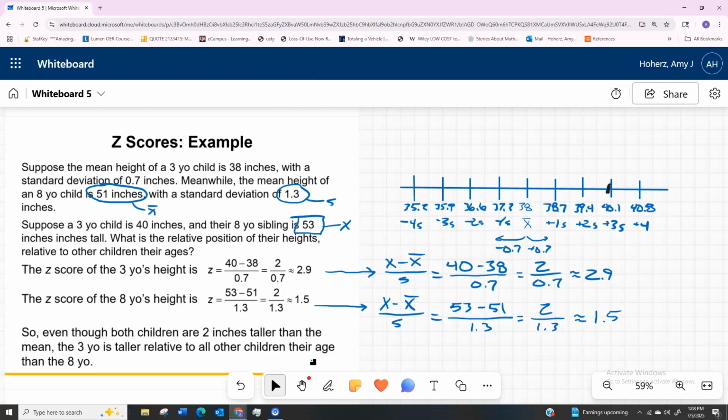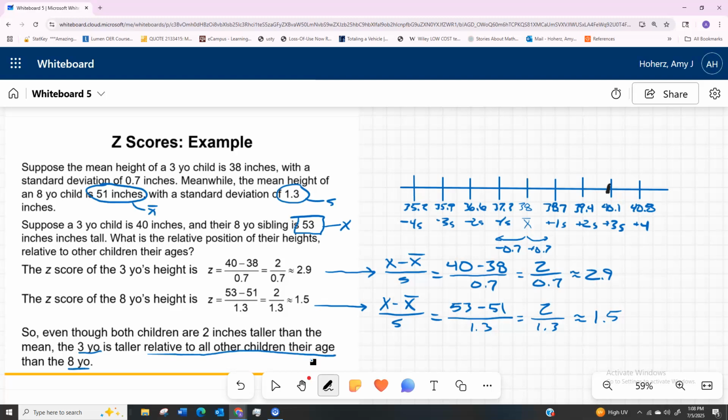It rounds to 1.5. So which child, according to their peers, has a relatively higher difference in their height? And the answer is the 3-year-old. So the 3-year-old is taller relative to the other children their age than the 8-year-old is.